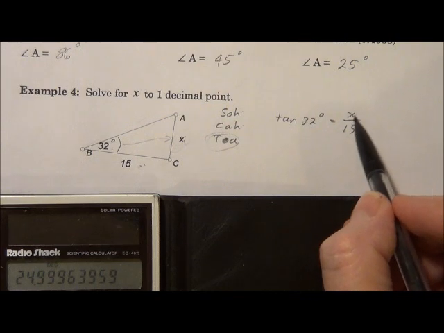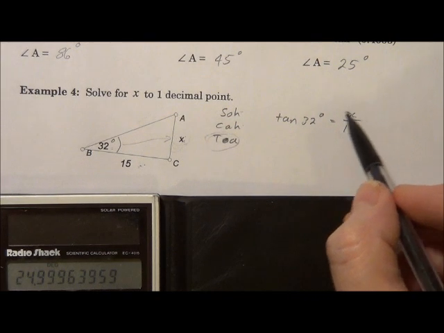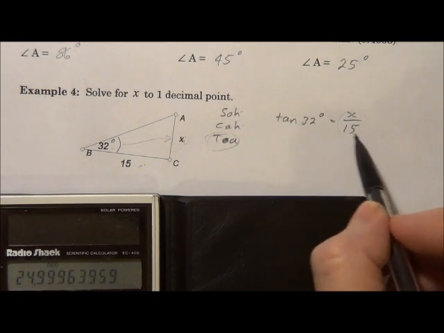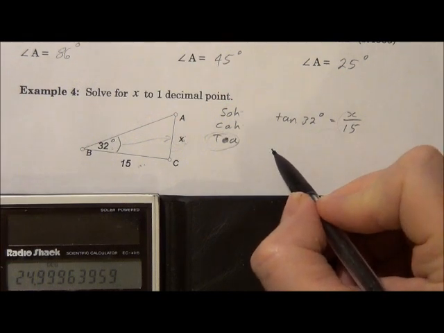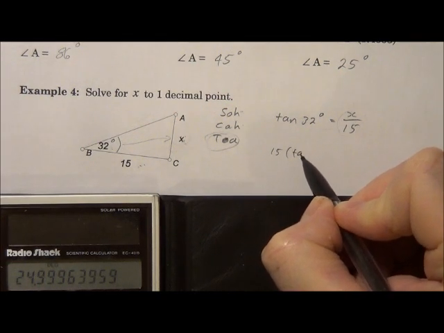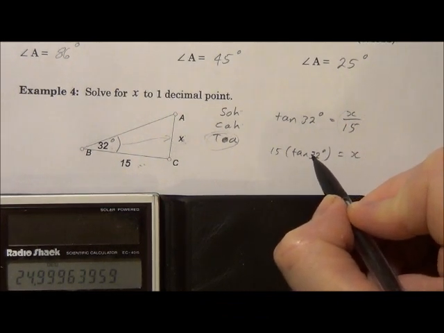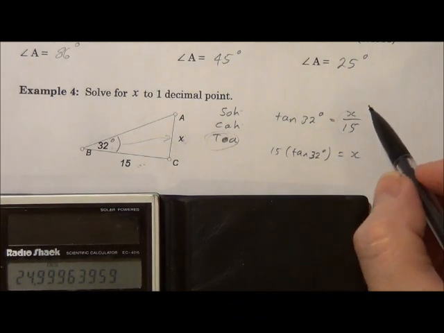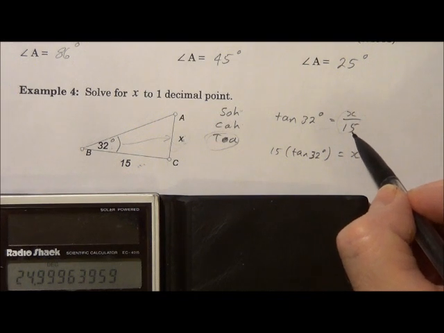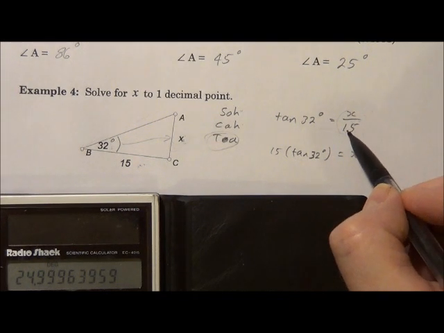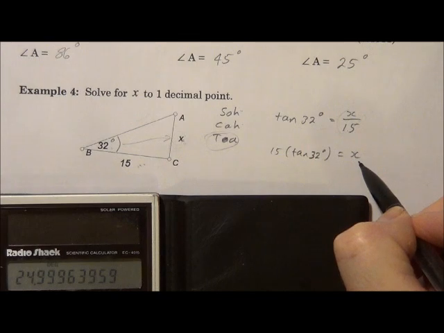and because we want to solve for x, we see that x is being divided by 15, so we'll multiply both sides by 15. So you get 15 times tan of 32 degrees equals x, because if you multiply the right side by 15 and then divide by 15 as is shown here, 15 divided by 15 is just 1, which leaves us with x.